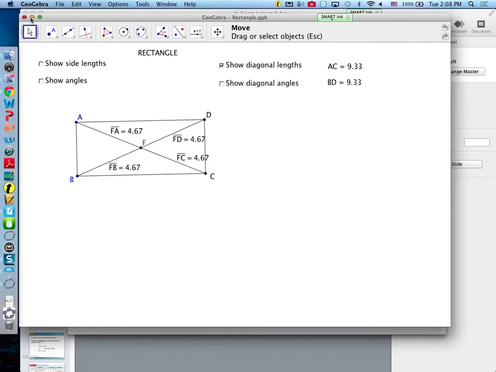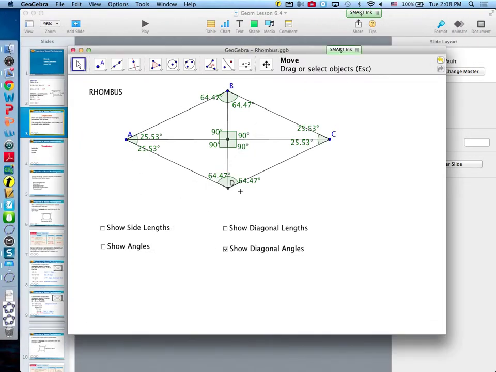Okay, check the corners. Do the diagonals bisect the corners of the rhombus? Yes, they do. So those diagonals are like lines of symmetry.